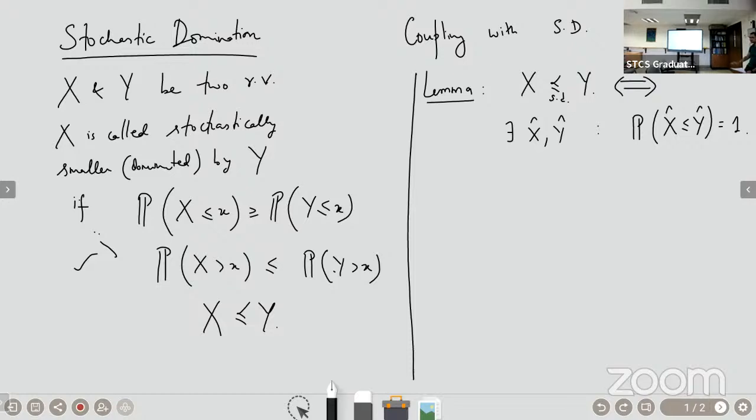So the starting point is that. And remember the definition of coupling. What does coupling mean? They have the same marginal distribution. That's all. There's nothing more to exploit. We are given this condition and the fact that x hat, y hat is a coupling. Is there a recipe to do this?